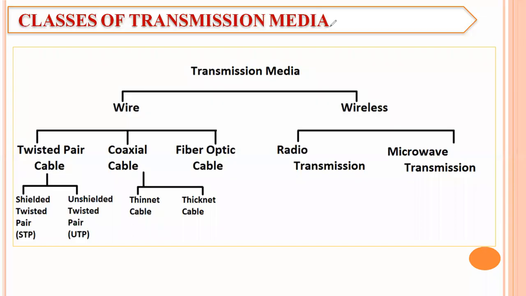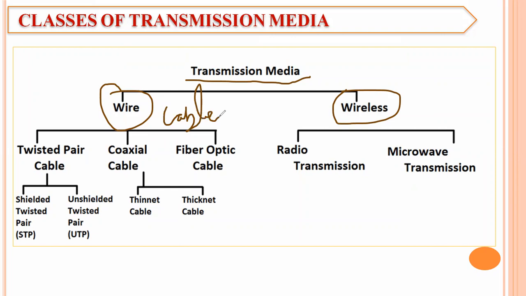Then we have the classes of transmission medium. The transmission medium is divided into two types: wire and wireless. In the previous slide, we talked about cable and air.